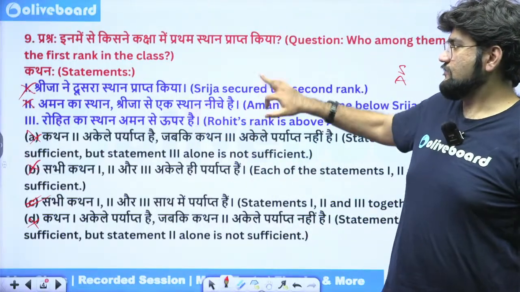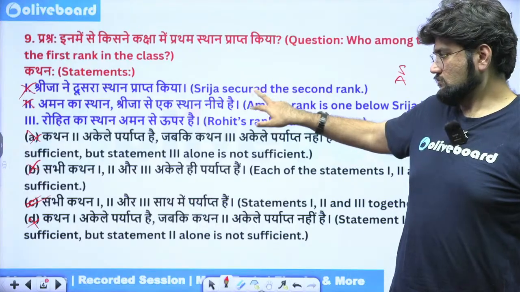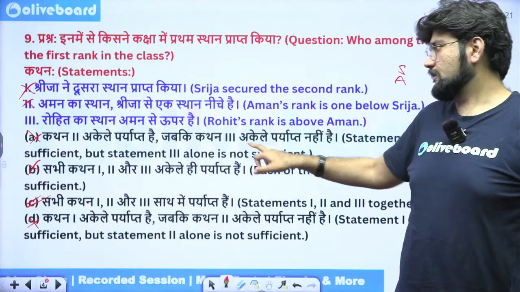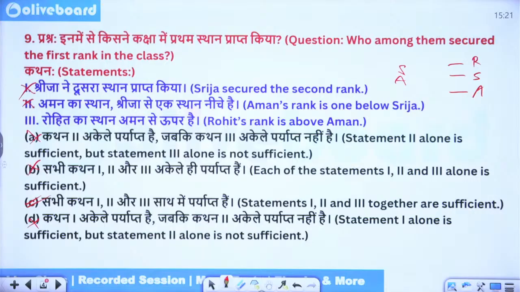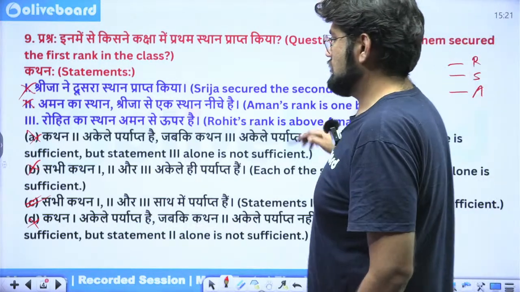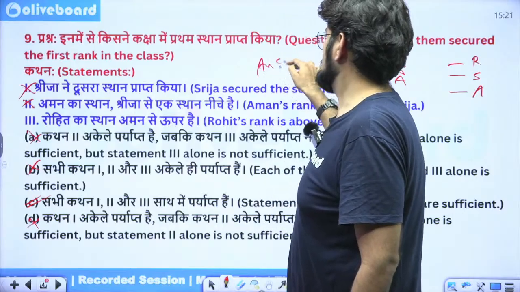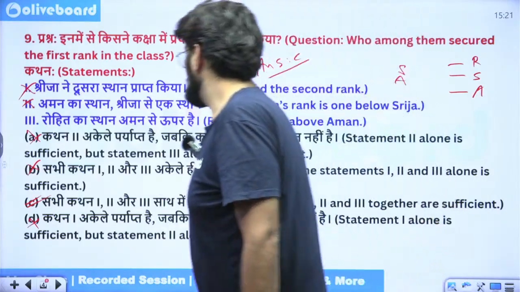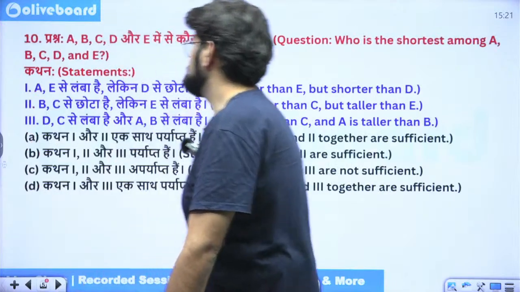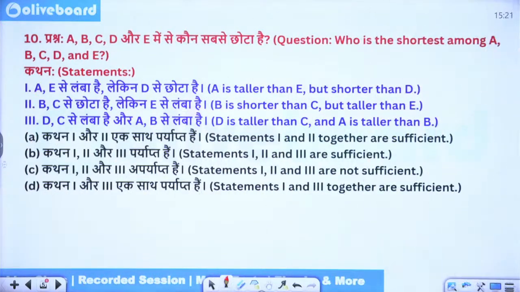You could have easily found out by 1 and 2 alone, but it's not given here. Got it? So option C will be the best possible answer here. Cool? Next.